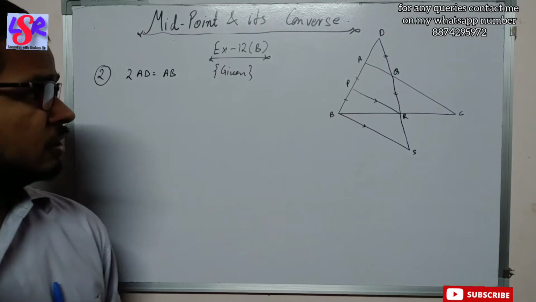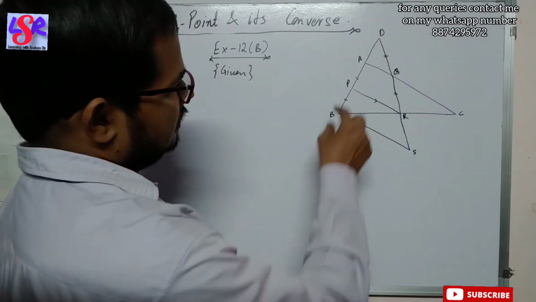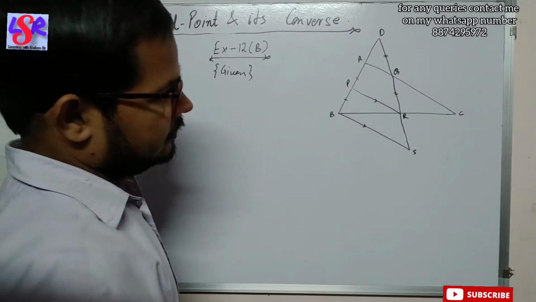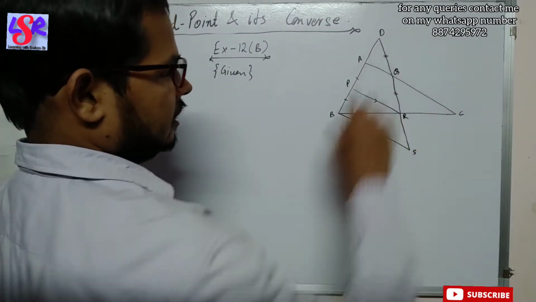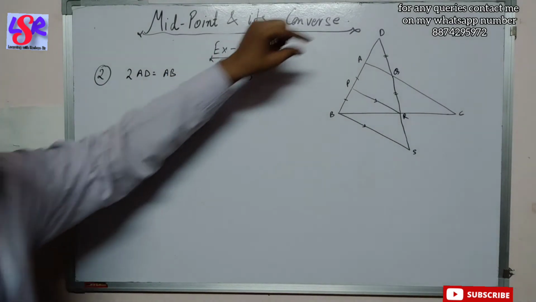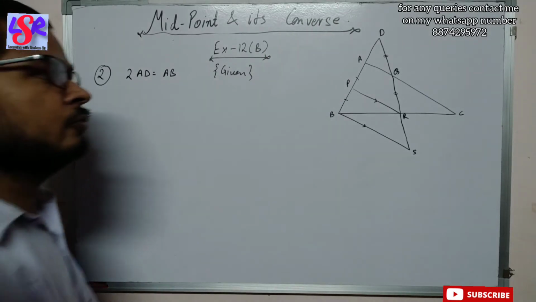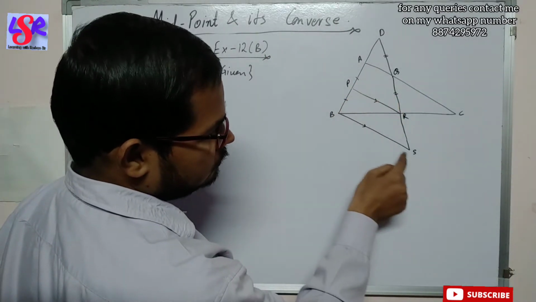Now let's move to question number 2. Here we have this figure in which P is the midpoint of AB and Q is the midpoint of DR, and we have been given that twice of AD equals AB. First of all we have to prove AQ is parallel to BS.